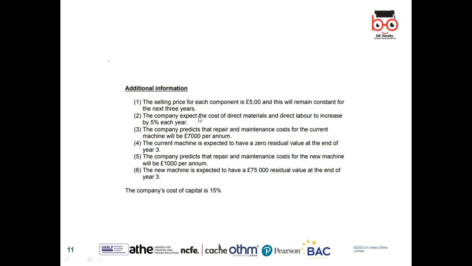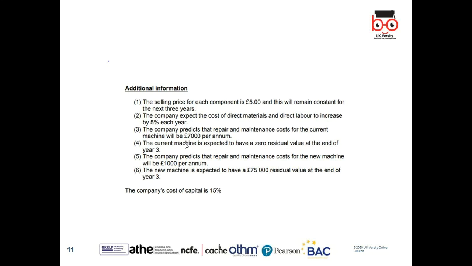Units will carry on. Then the company's material and labor cost in year 2 will increase by 5%, so year by year. So we'll carry on increasing by 1.8 times 1.05. I'll show you. Then we have a maintenance cost each year of 7,000, so we need to add that in our cost.